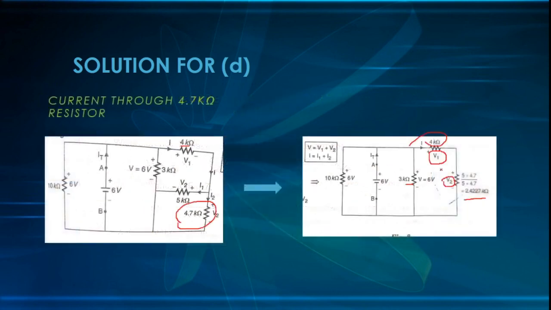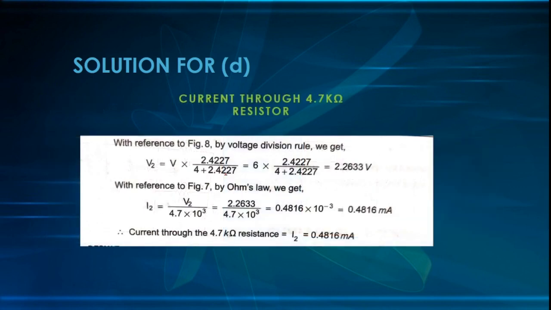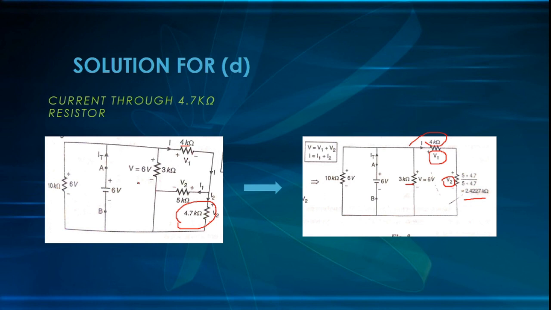I am measuring across this particular resistance. So it is 2.4277 kilo ohm divided by sum of the resistors, 4 plus 2.4277. So it is 6 into 2.4277 by 4 plus 2.4277, and we are getting the voltage across the resistor combination to be 2.2633. So across this total combination, this is also V2, this is also V2 because they are in parallel. In parallel, the voltage remains same.